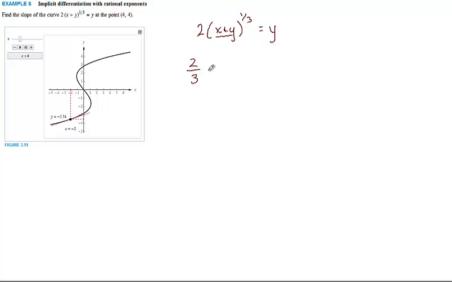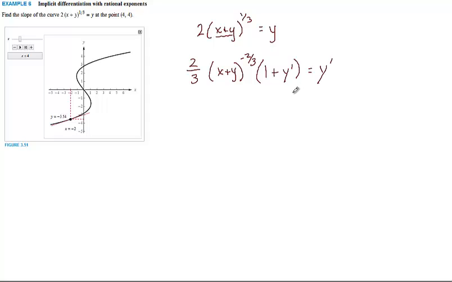So that'll be 2 times that 1/3. Leave the inside alone, x plus y. And then this is going to be to the 1/3 minus 1, or minus 3/3 is minus 2/3, times the derivative of the inside. The derivative of the inside would be 1 plus y prime. Equals y prime.